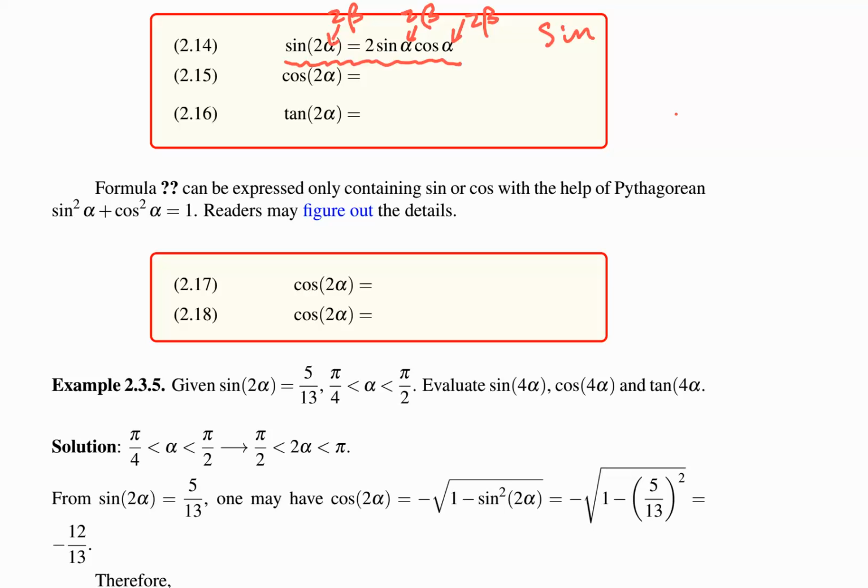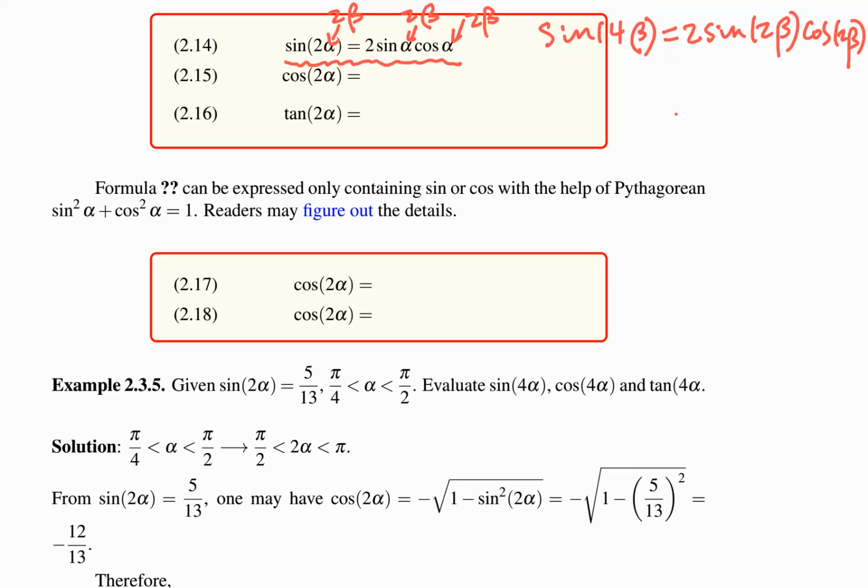Sine 2 times 2 beta is 4 beta, and then 2 times sine 2 beta, and then cosine 2 beta. Okay. So basically, there's 4 times beta, and here is a double angle beta.